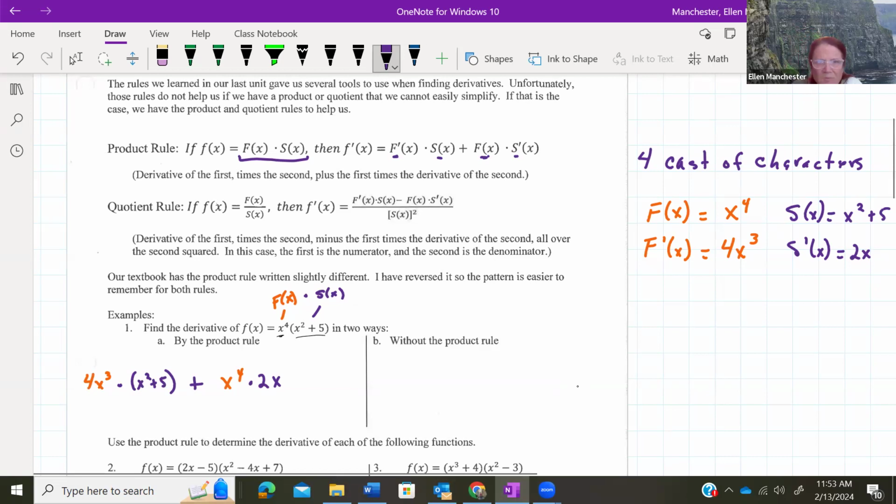Okay, so here it is again. I'm going to write it right above it. Derivative of the first times the second plus the first times the derivative of the second.